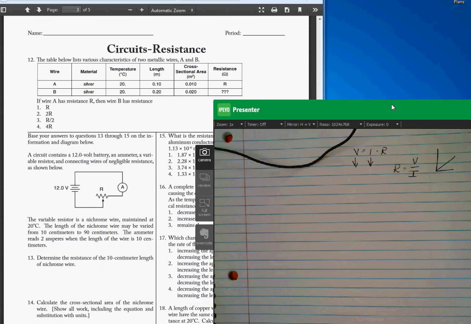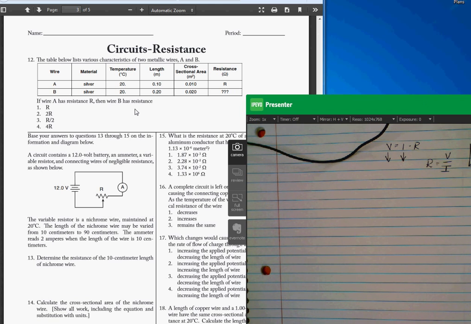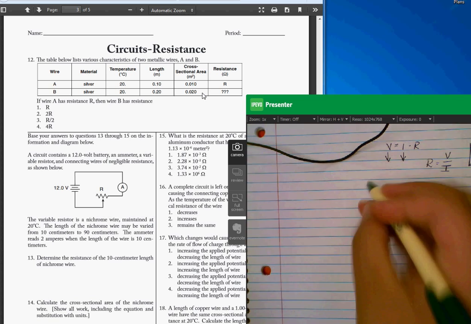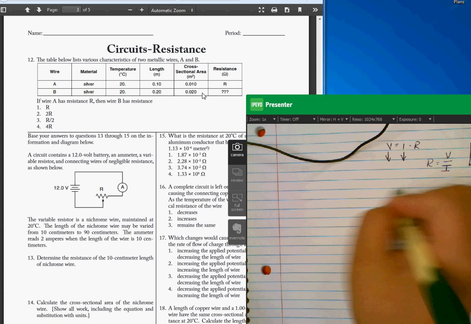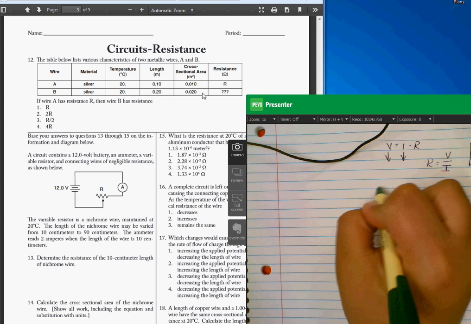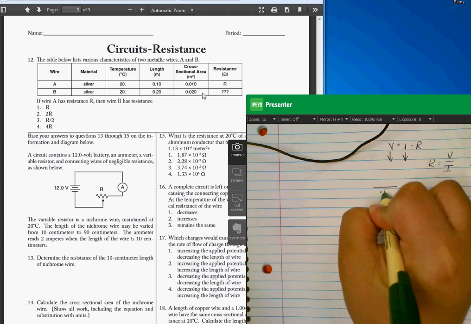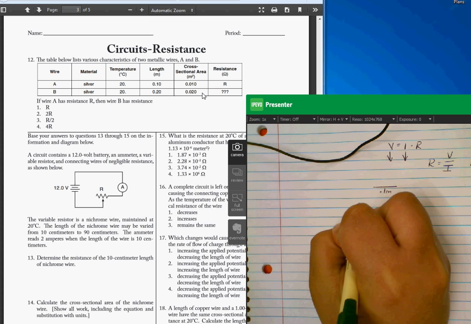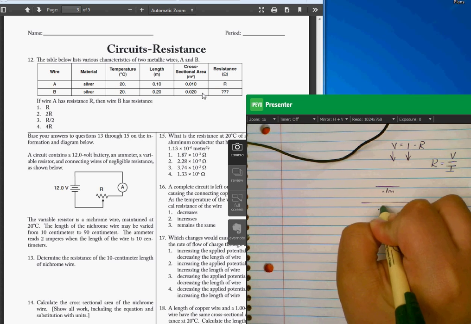Question number 12. It has a chart that shows you the graph between your wires, your material, and your temperature. These are all the same. What starts to change is the length and the cross-sectional area, which is just like if I cut the wire in half, what it would look like. So I have a length for A, which is 0.1 meter, and then I have B, which is 0.2 meters.